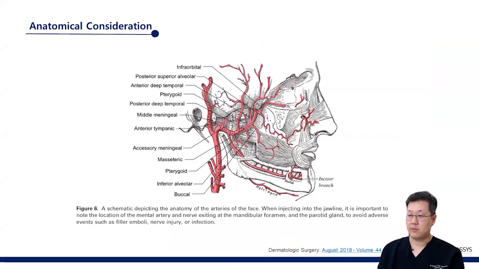We also have two main structures that we don't want to interrupt: the facial artery branches from the cervical artery and the marginal mandibular branch of the facial nerve. Usually they run 1.5 to 2 centimeters from the mandibular angle, covered by the posterior inferior part of the parotid gland, so usually we don't touch them.